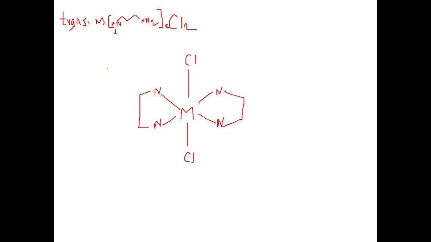Now you can see this is an octahedral complex, and we have to find out the point group of this molecule. So can we pass a plane perpendicular to these two chlorine atoms? That means this way. Can we pass the axis?